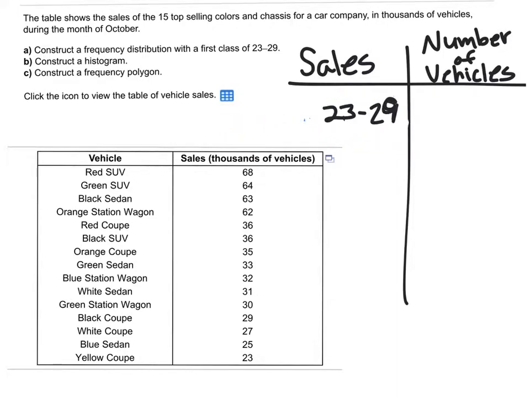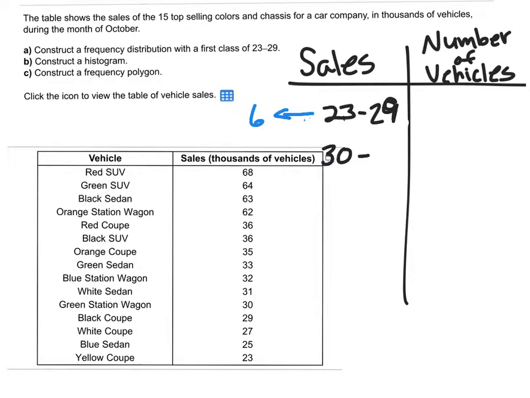I know that if all the numbers have to be included, my next class needs to start with 30, because we ended with 29. To make it the same interval, whatever number I end the interval with needs to have a difference of 6, because here 29 minus 23 is 6.